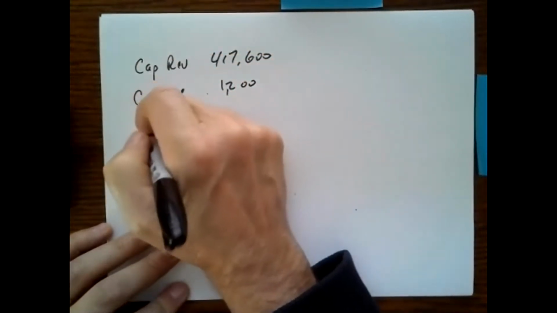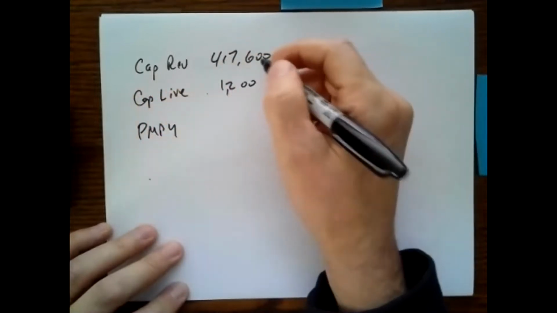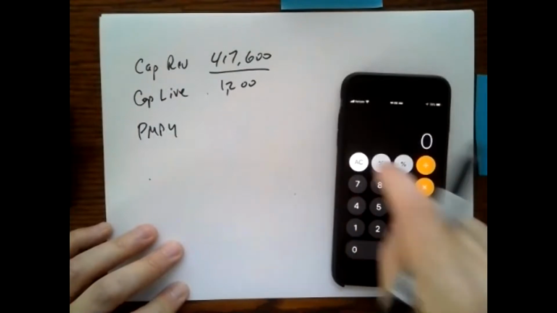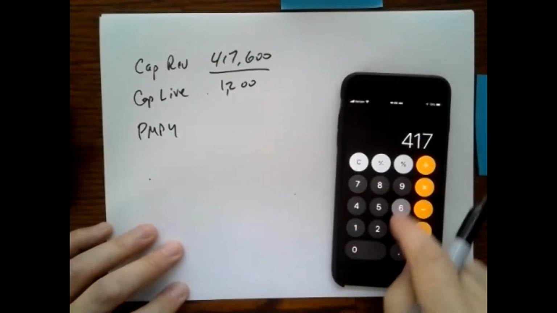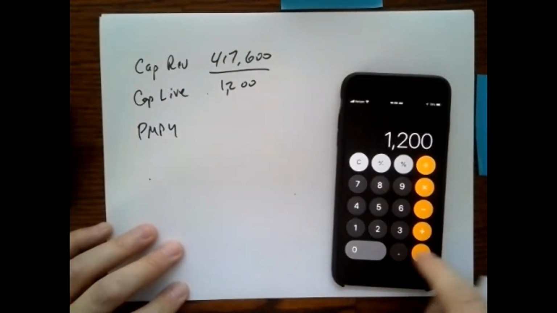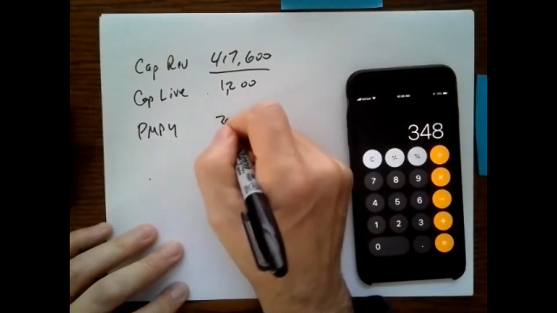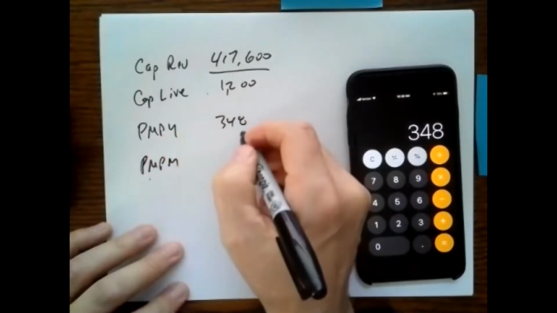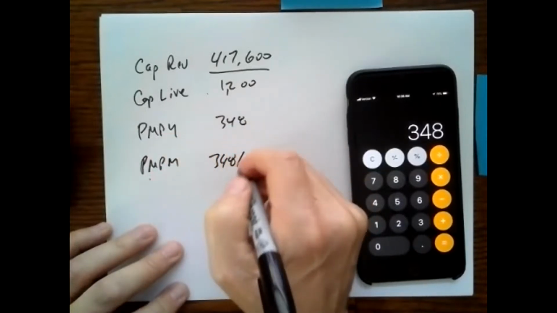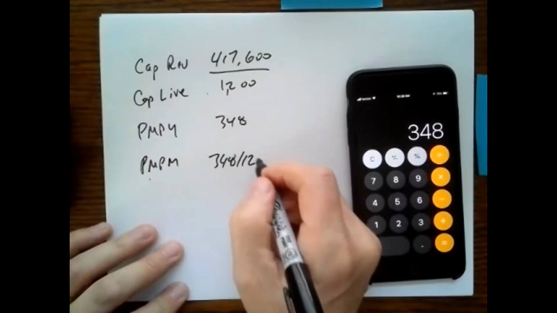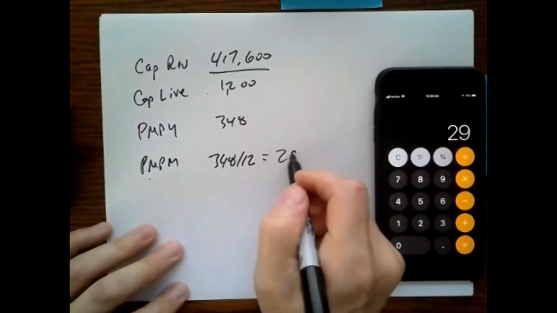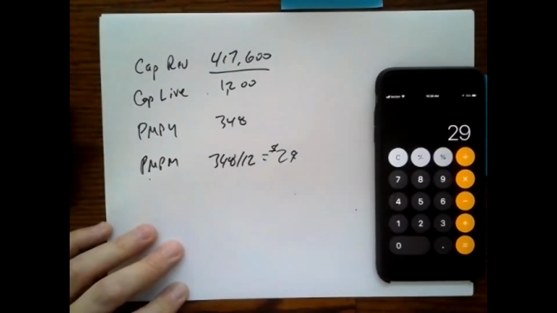So our per member per year, right, because this is a total per year, is 417,600 divided by 1,200, which is 348. And our per member per month is going to be 348 divided by 12, because that would be an annualized number, or 29. So their PMPM was 29.